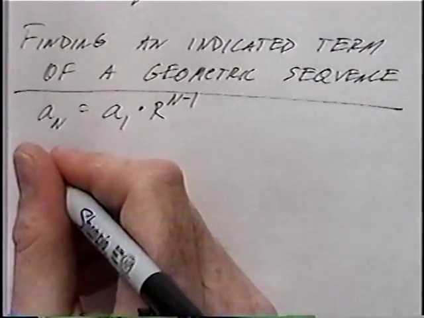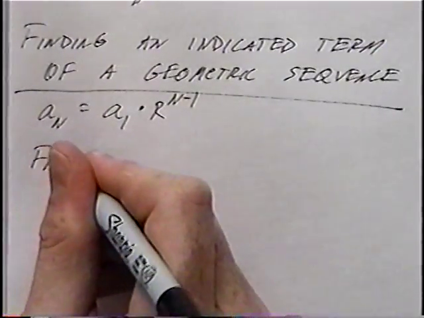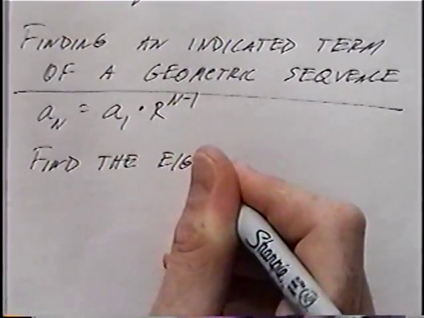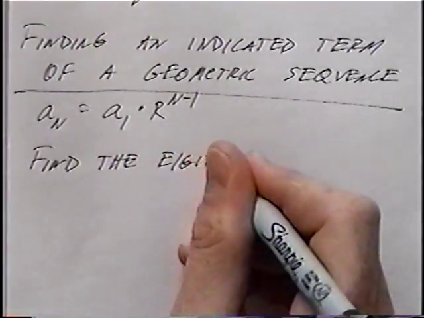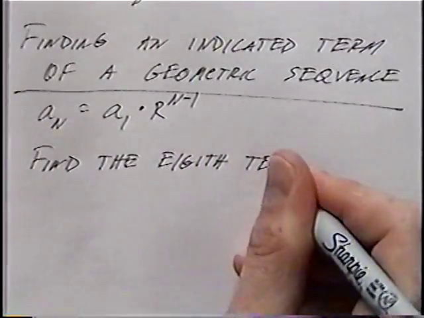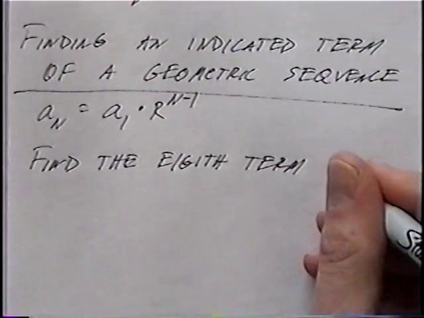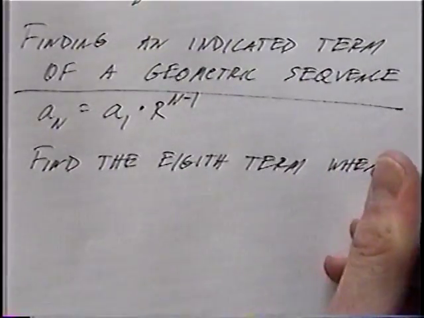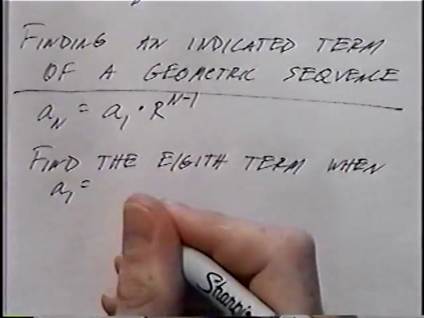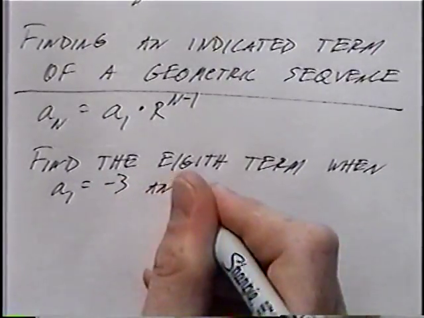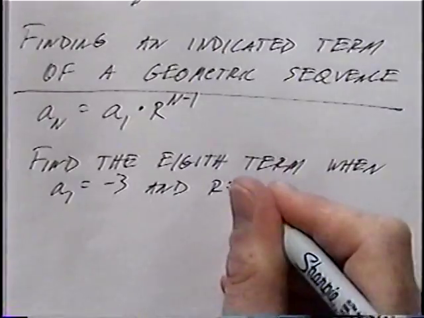First question, we want to find the 8th term when a sub 1 equals negative 3 and r equals negative 2.